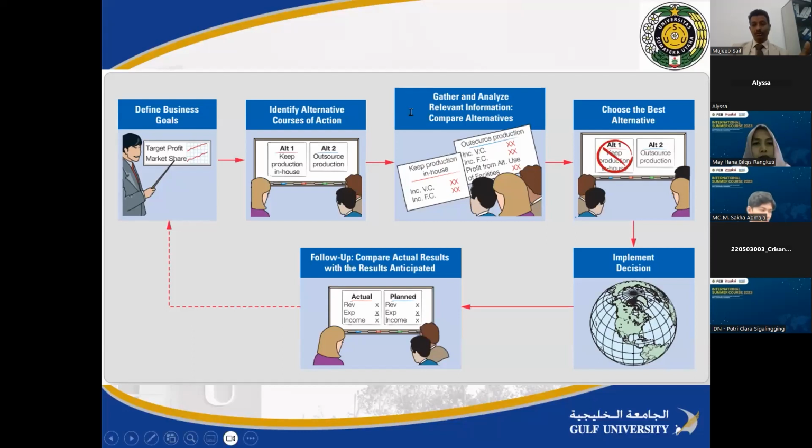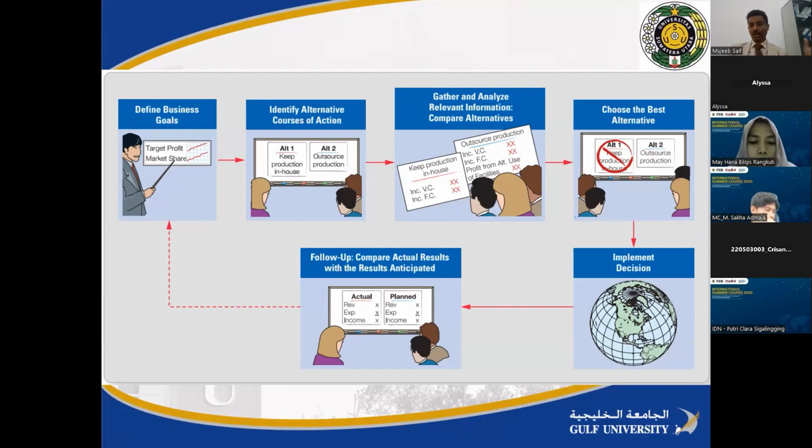So we have all these alternative options, and we gather or collect all information regarding them. Then we have to analyze that information and compare this option, this option, this option.